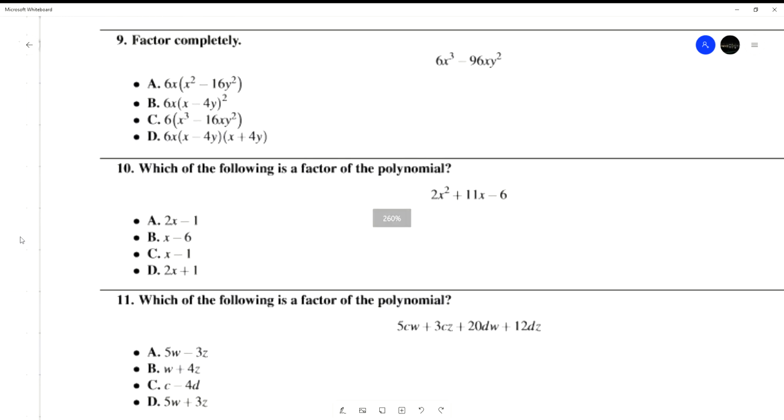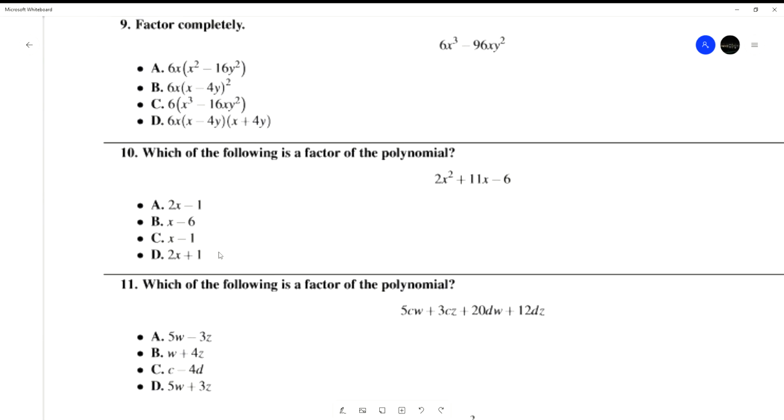Oops. Zoomed in a little too much there. Okay, factor. We look for our GCF. Always look for the GCF first. And we get, let's see here, I think 6x is our GCF. Yep. So we have 6x, and then we have x squared.